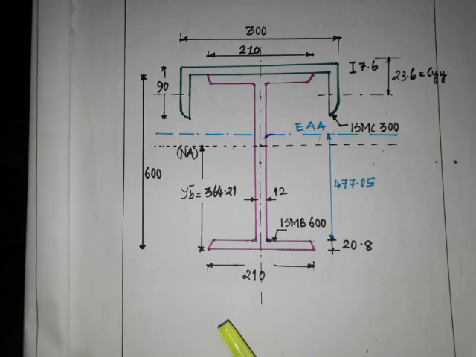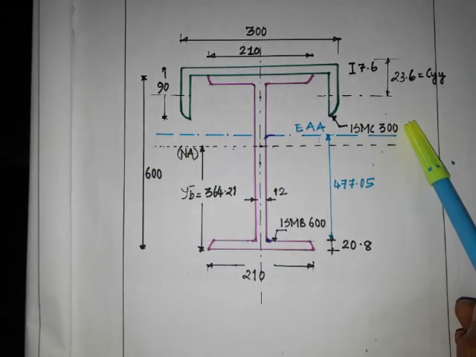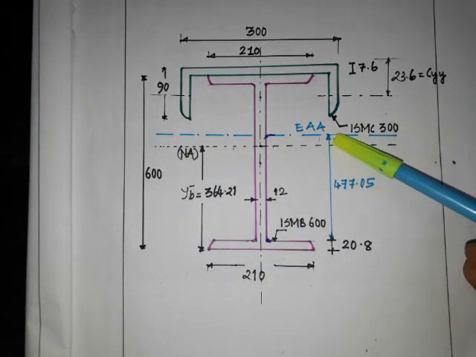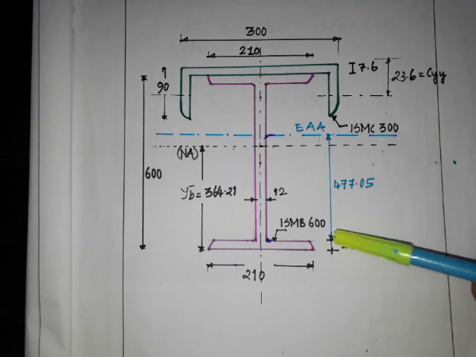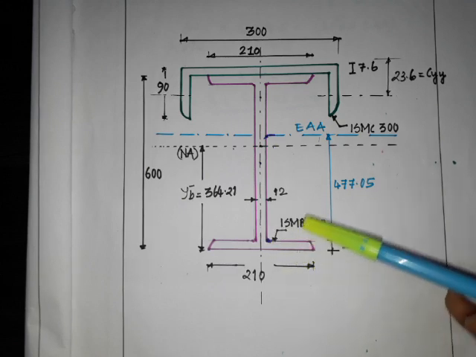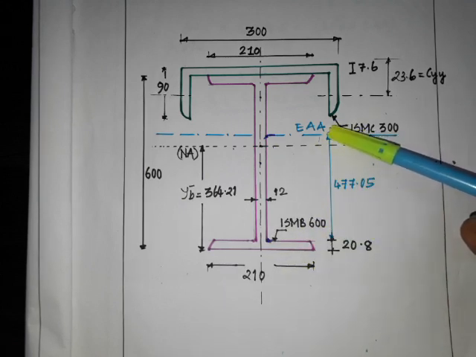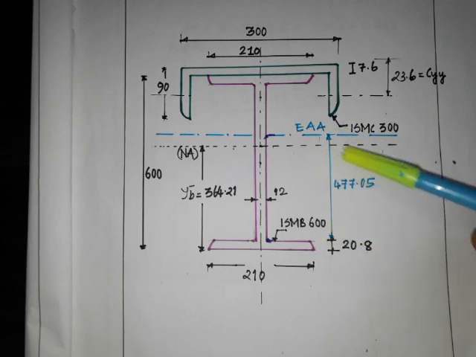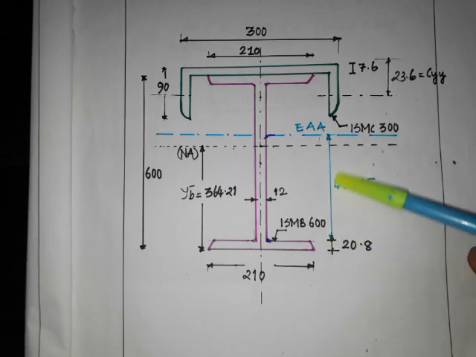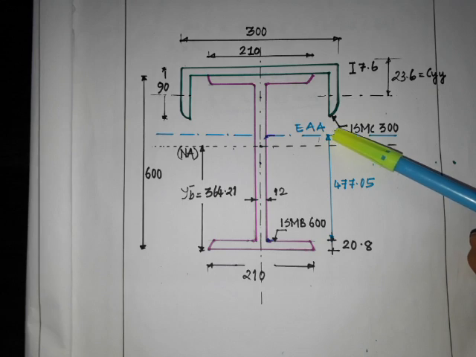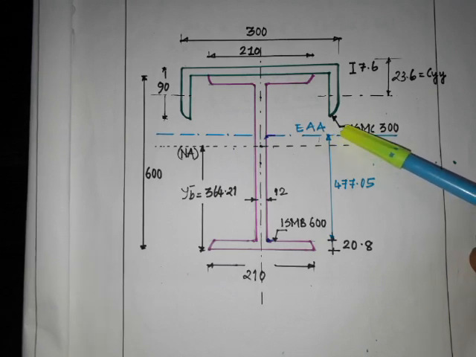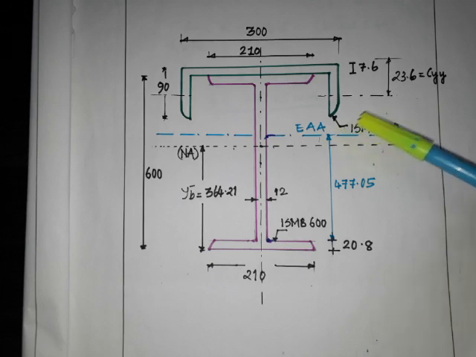We have got the location of equal area axis at a distance of 477.05 mm from the bottom flange. Up to this much we have covered in the last session.